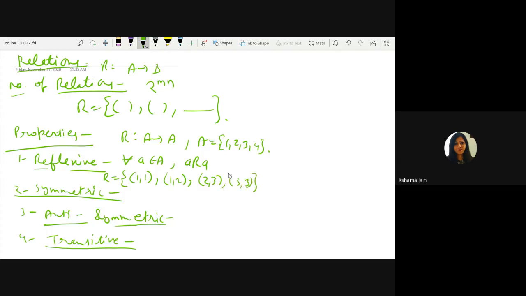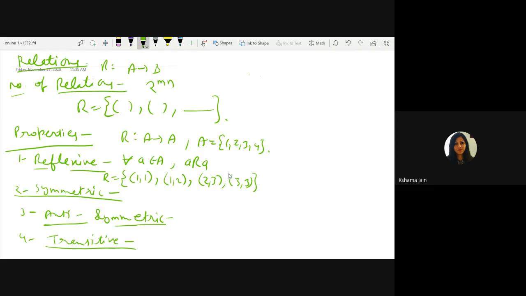Tell me, is this reflexive? This is not reflexive. Why? Because you see, (1,1) is there, meaning 1 is related to itself. A is related to A is denoted like this; otherwise, if I write A R B, that means A is related to B, like here I can write 1 R 2. Here they are telling that each element should have its own image.